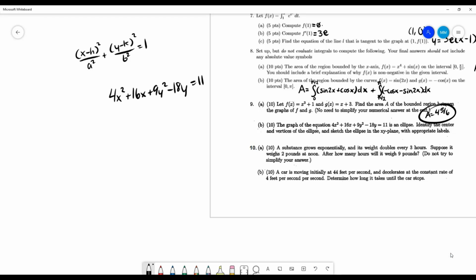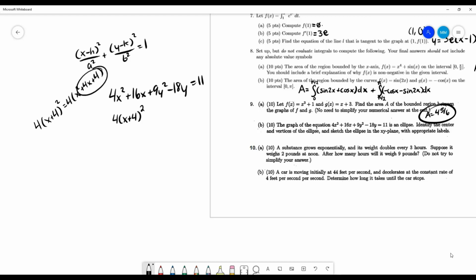Let's see. Well, okay, if I did factor out, that would again be the x plus 4 squared, which is then 4 times x squared plus 4x plus 4, which would mean that we need an extra 16 in here. So that's going to be this.